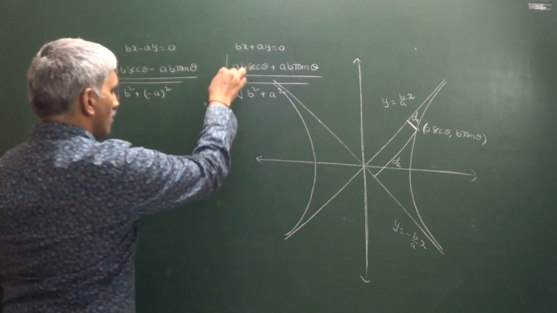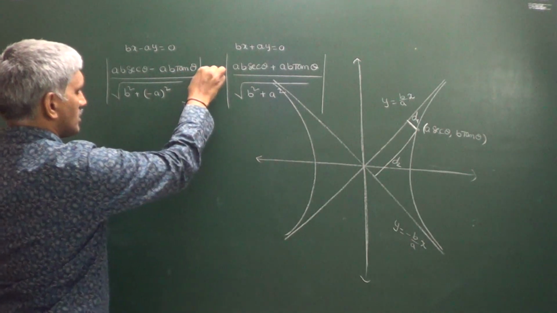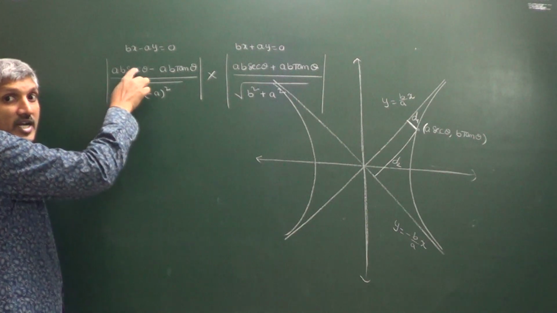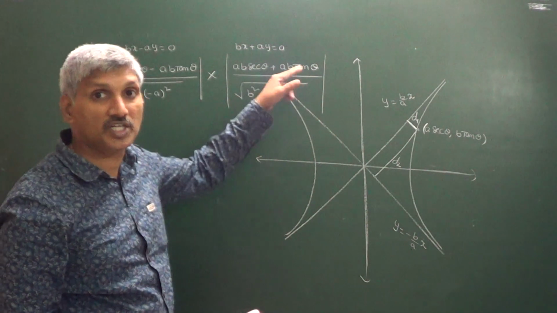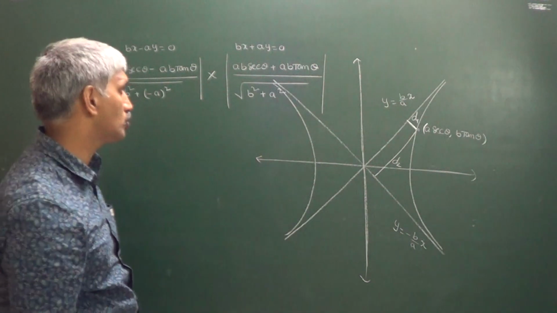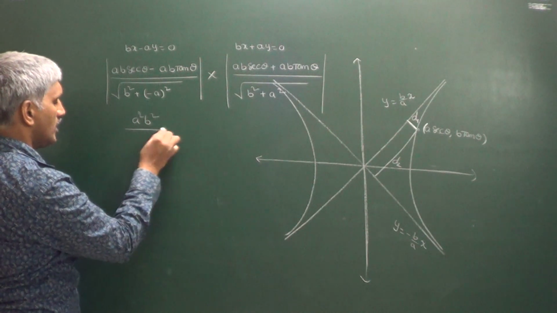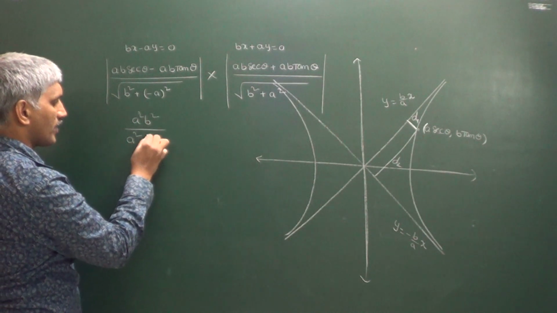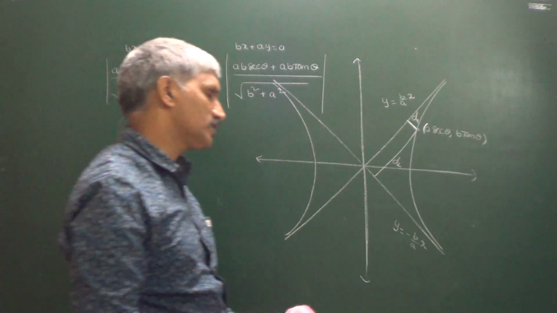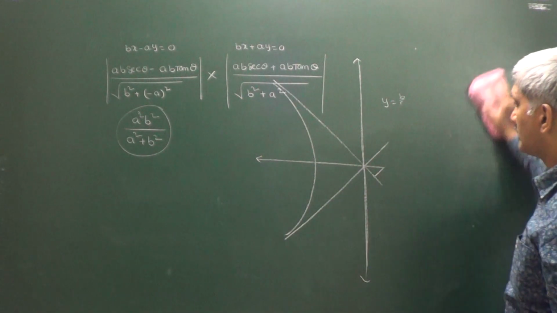So these are the two perpendicular distances, and multiplication is required. Taking ab common, secant theta minus tan theta into secant theta plus tan theta gives secant square theta minus tan square theta, which equals 1. So we get the numerator as a square b square and the denominator as a square plus b square. So this is the product of the perpendicular distances from any point on the hyperbola to its asymptotes.